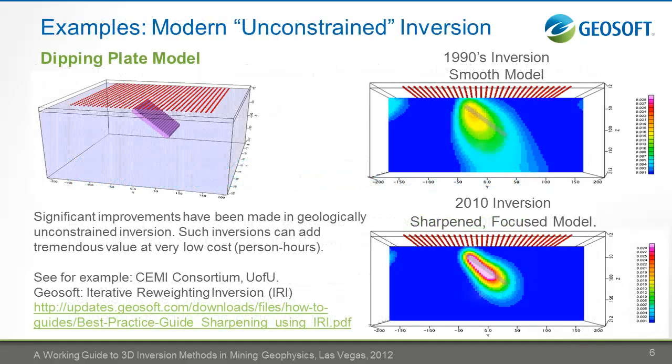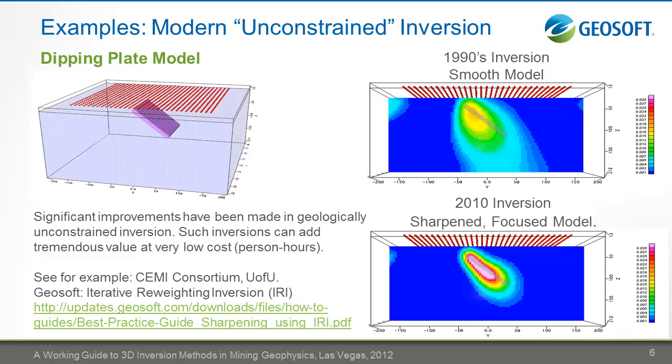Now, let's take a look at modern unconstrained inversion and what it can add to an exploration program. Unconstrained inversion is important because it is very simple to set up, and it provides a first pass at interpretation of a geophysical data set. Now, consider the dipping plate model that I have shown on the left here.